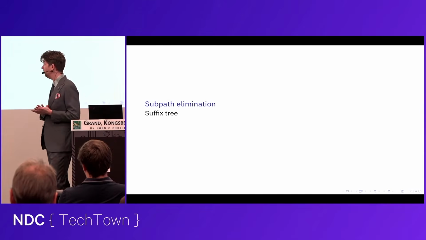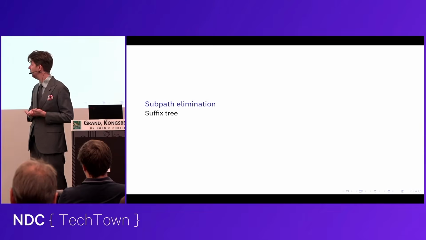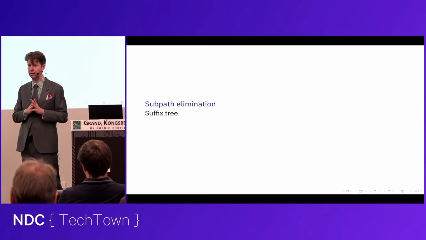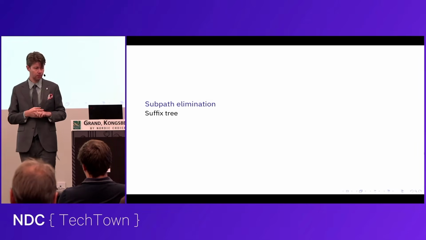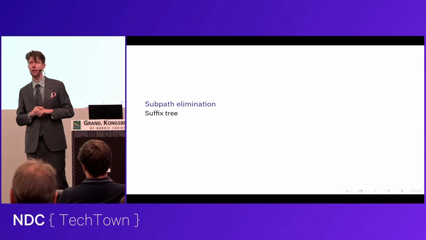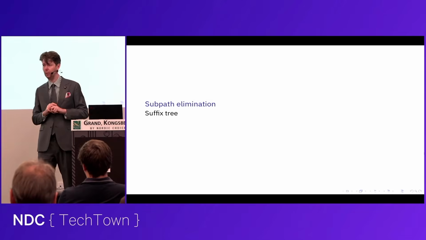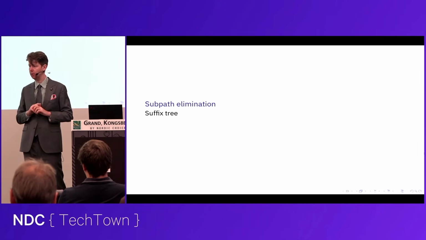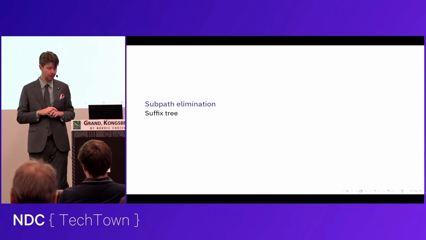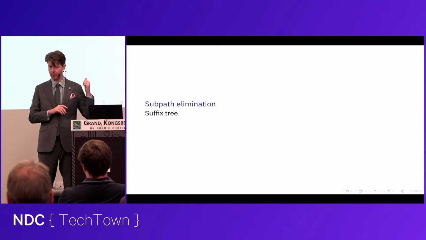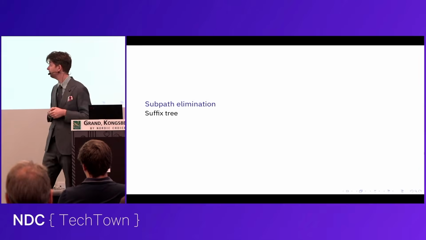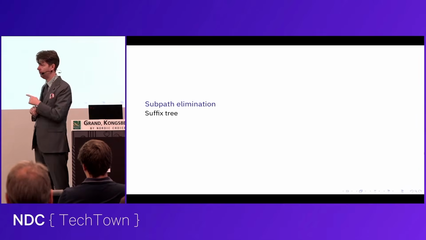In order to do efficient subpath elimination, I use a nice data structure called a suffix tree, which I tweaked a little bit in its construction. It is one of those that performs really well in practice, but has slightly worse big O notation. If you want to read more about that, it's in the paper. But this is a really good data structure for that.